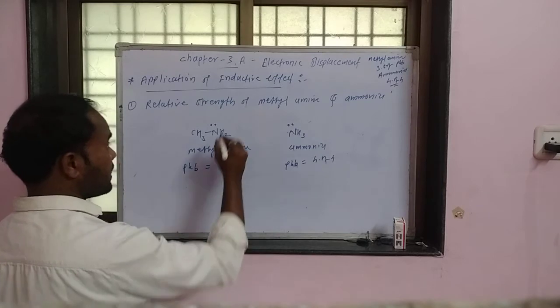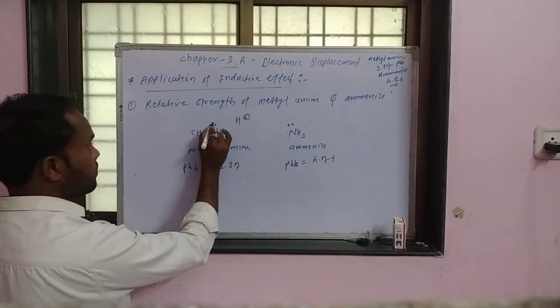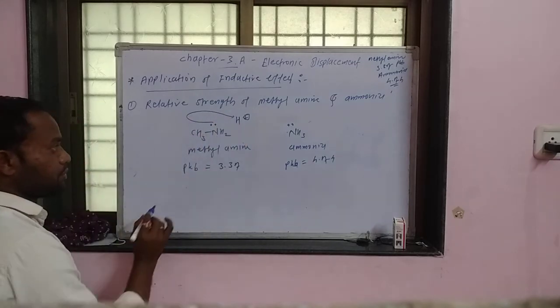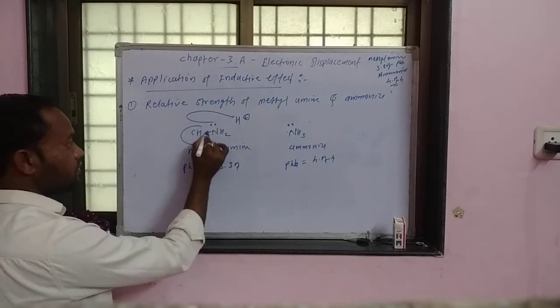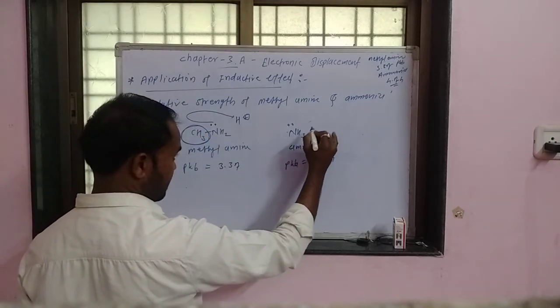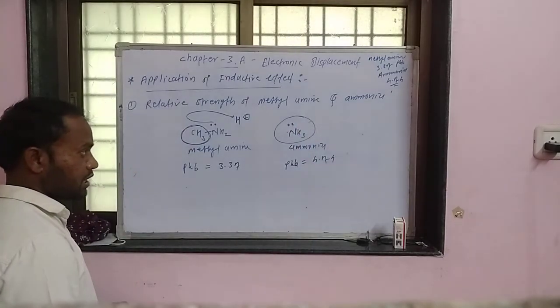It is then easily protonated, forming a positive charge. Methylamine abstracts protons from acids easily because the methyl group is present. In ammonia, the methyl group is absent; there are only nitrogen and hydrogen atoms.